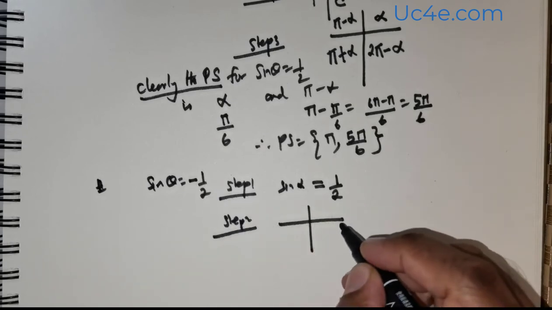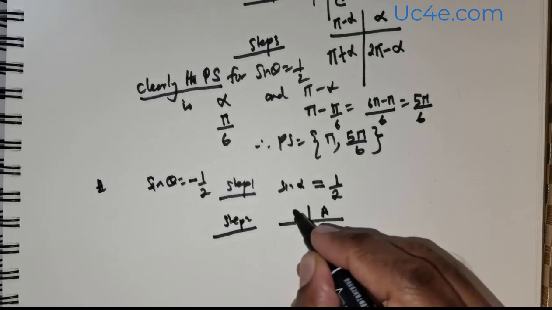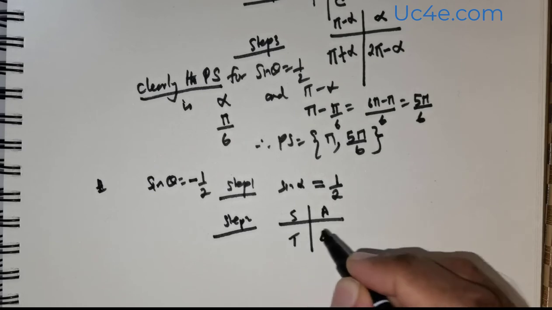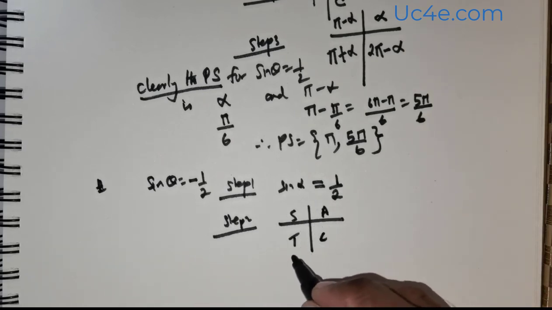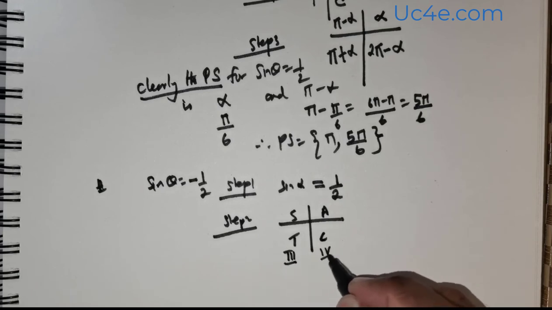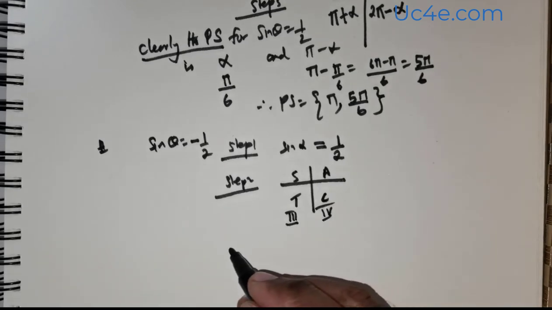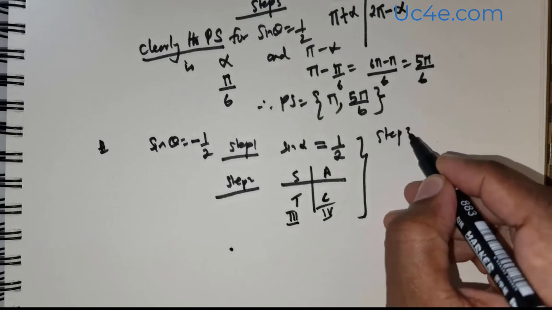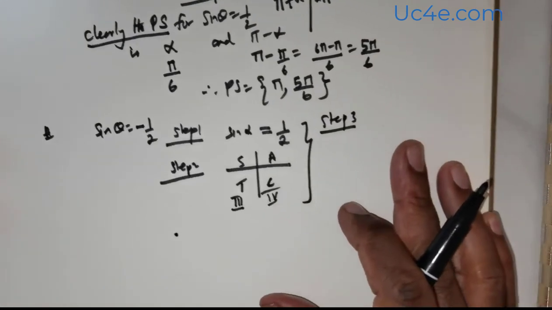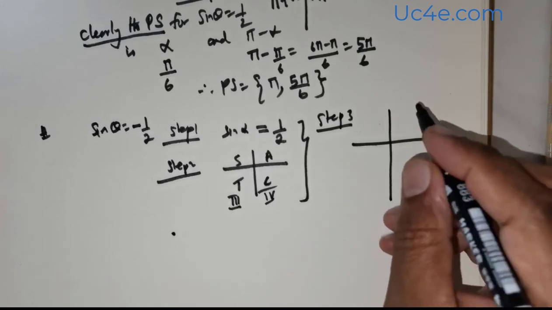So if I were to represent this by the popular CAST, C-A-S-T, sine is negative in the third quadrant and in the fourth quadrant. So step number 3, let me write that down here.